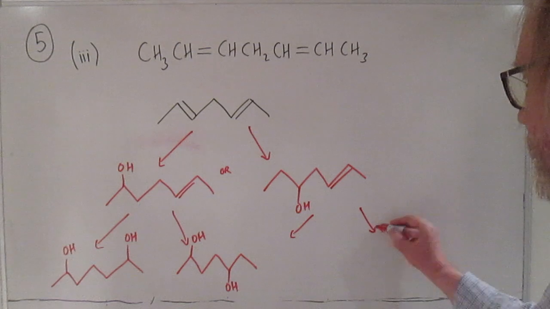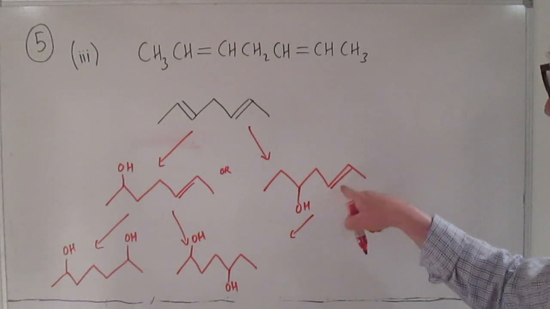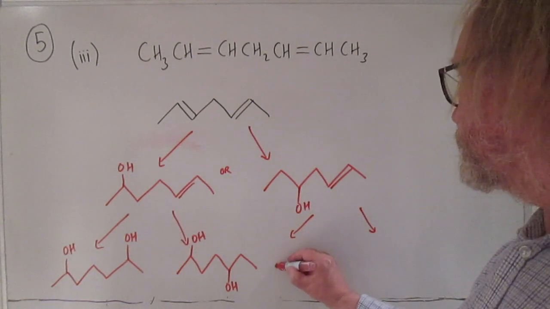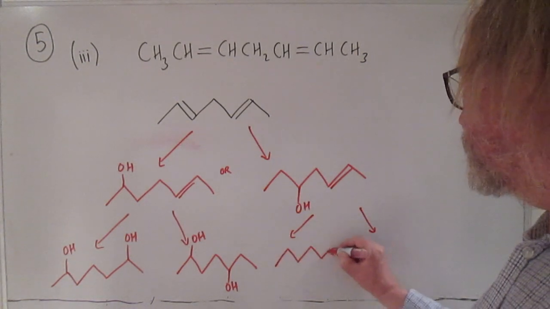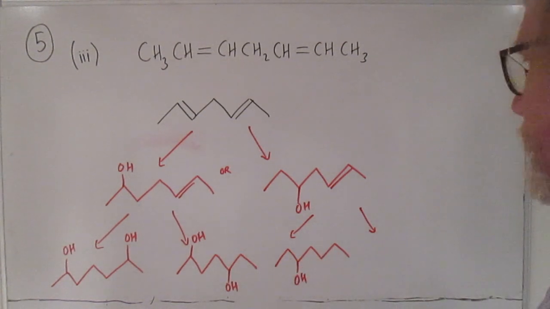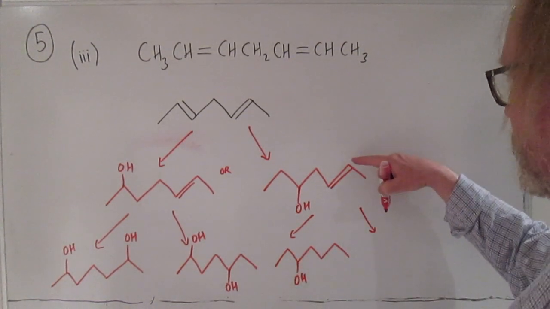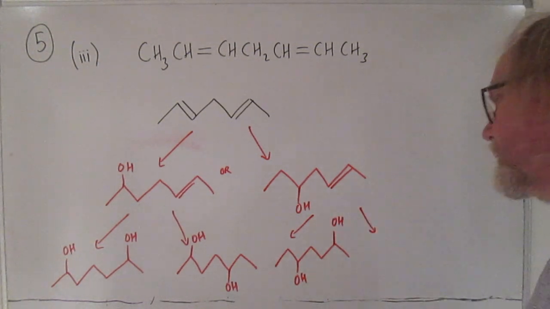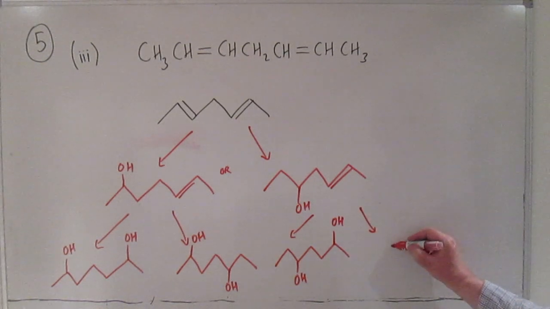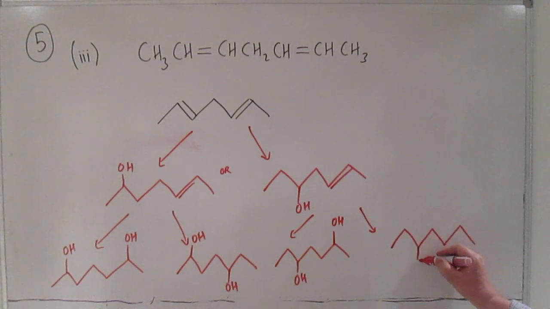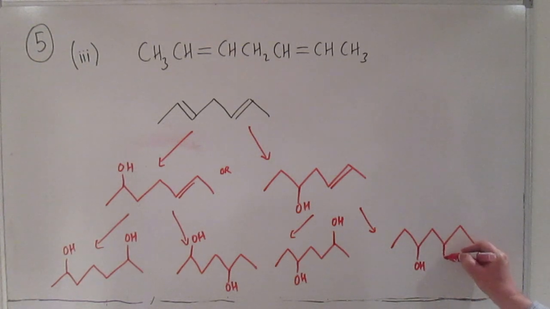And we can do the same thing here and realise that again, if that one reacts first, you can get two possibilities here. So the OH could go at this end, which would give you this product, or it could go at this end, which would give you this product.